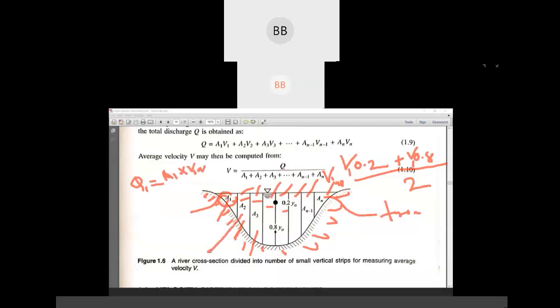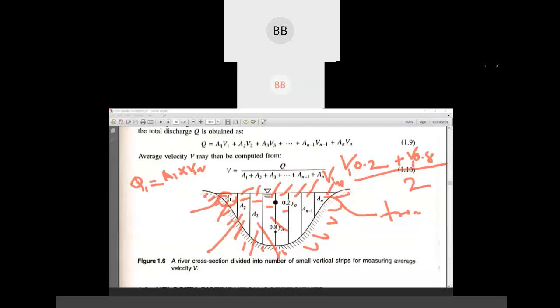Then similarly you are going to find out q2, q3, q4 and so on. Then you add all the discharges to find out the total discharge of that particular channel section. Okay, so this is how you can find the discharge in that particular section, or the velocity over the cross sectional area.